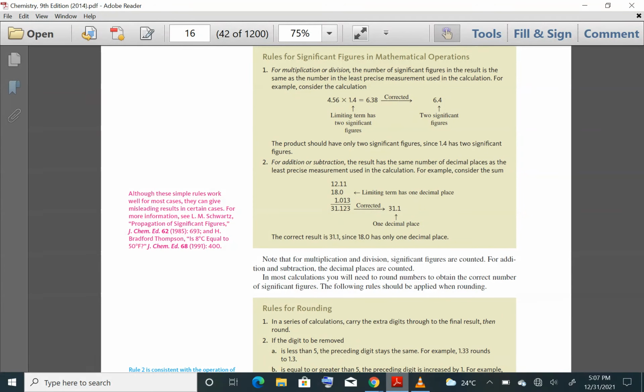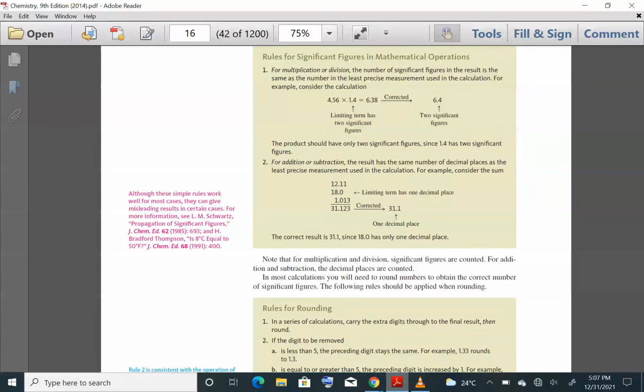So catch the difference. It's not significant figures for addition or subtraction, it's the number of decimal places. This is very, very important because if anything, this is one of the key mistakes that people make when it comes to addition or subtraction. So here it's the number of decimal places.